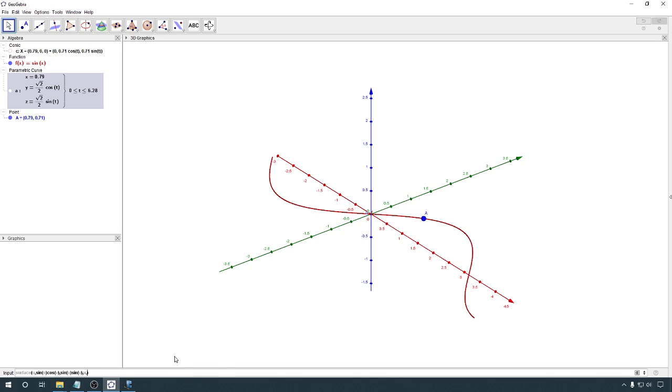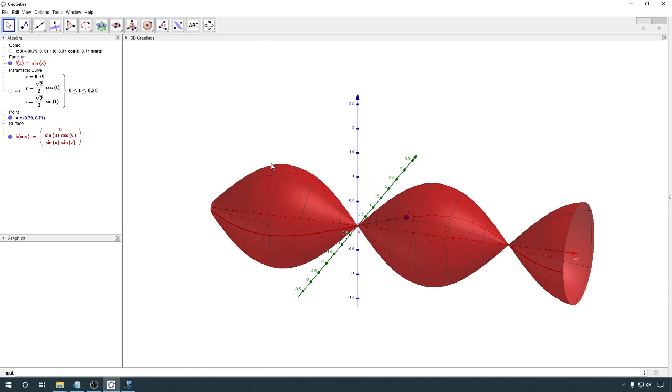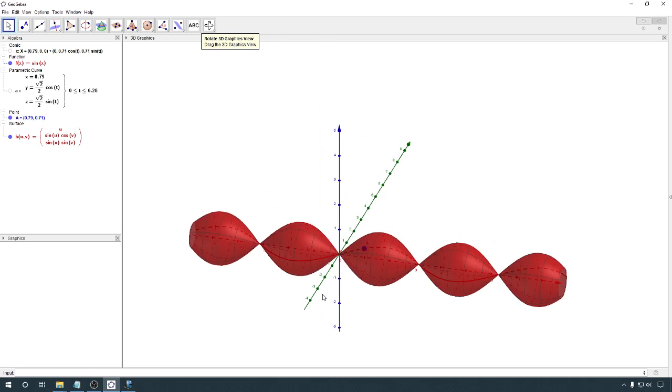The u value, because this is our x value, technically we can have any x value along the x-axis. I'm just going to give it a big range of -10 to 10. But the v is the one going around these circles. So we only need to go from 0 to 2 pi this time. And we get our surface of revolution, at least out to x equals 10.